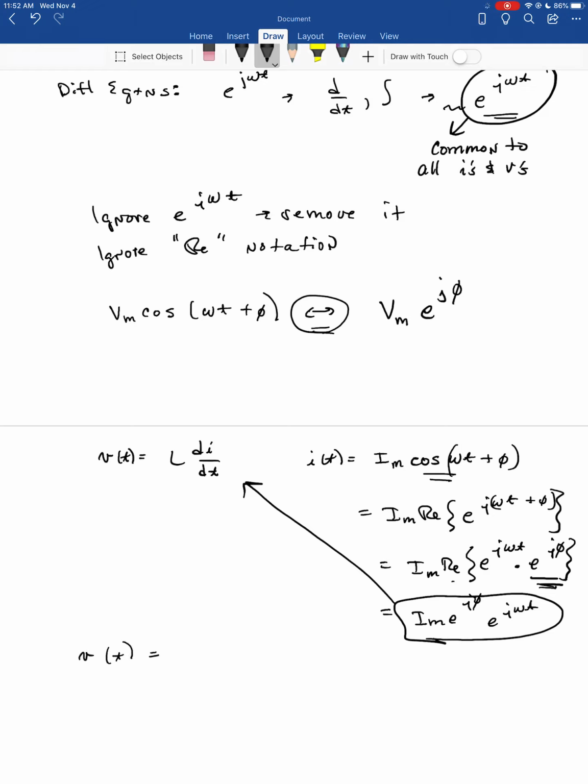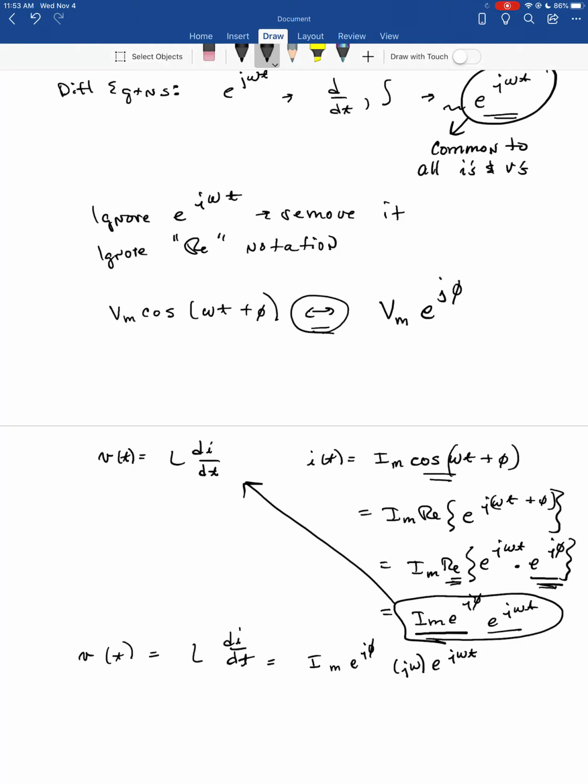So now I want to substitute this in for current, which tells me v of t is L di dt. Substituting that in for i, this first part is a constant, so it's Im e to the j phi, and then the derivative of this, which is j omega e to the j omega t. Once again, this real notation is implied.